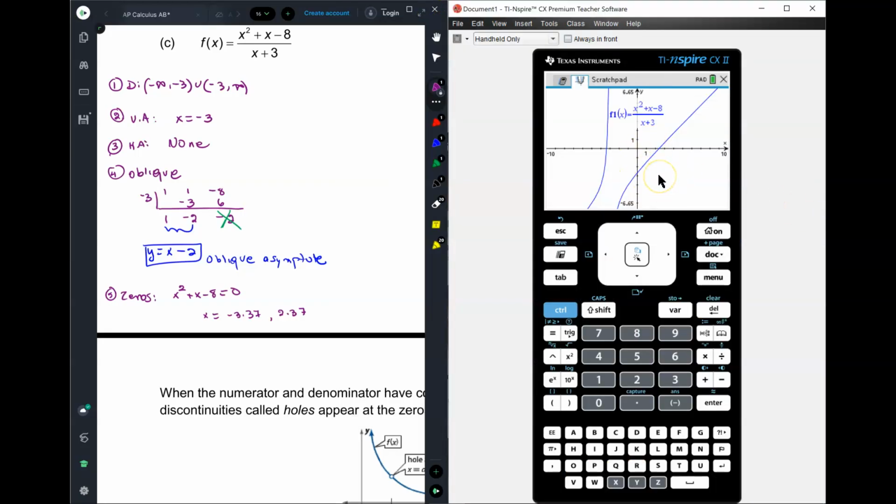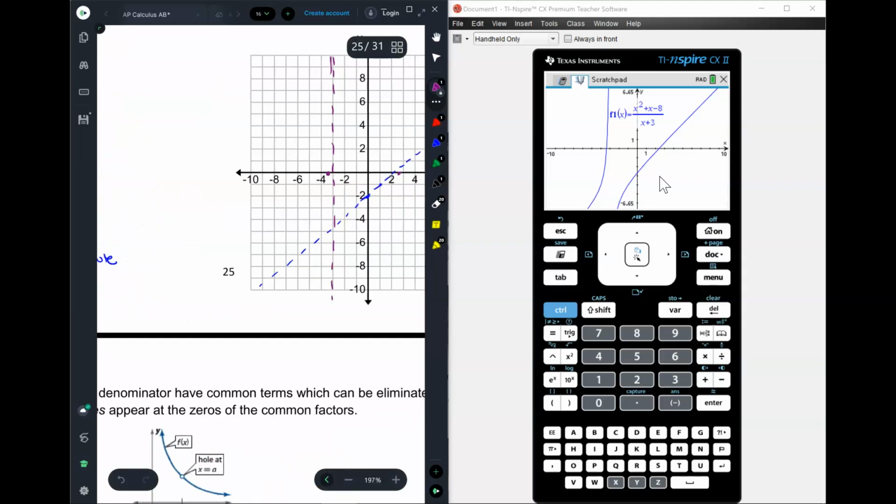I've graphed it on mine right here, right? So do you see how it follows the vertical asymptote on top there? So it'll come down like this. It'll come down like this, cross that x-axis at the 0, move further down, and then follow that oblique asymptote.